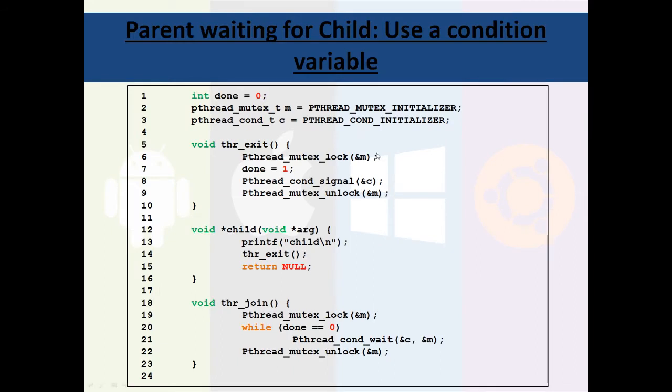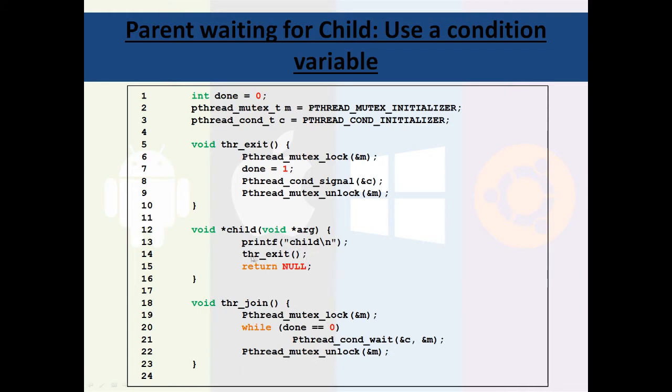Okay, so here we have our same example of a parent waiting for a child, but now in this case we're using a condition variable. We still have that done variable that we're going to utilize. We also now have our mutex, which is our lock, and our actual condition variable C. In terms of the child, it's changed up a little bit.